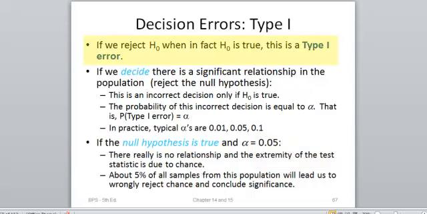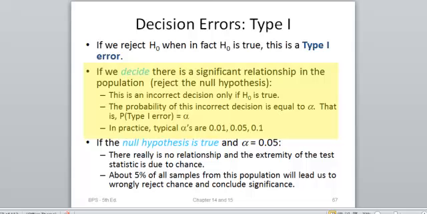So, a closer look at decision errors, type 1. If we reject H0 when in fact H0 is true, this is a type 1 error. If we decide there is a significant relationship in the population, that is, we reject the null hypothesis, this is an incorrect decision only if the null hypothesis is true. The probability of this incorrect decision is equal to alpha.